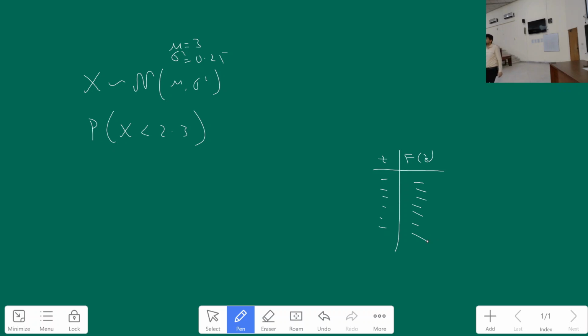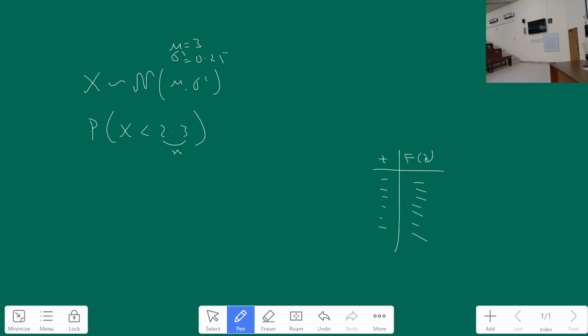It's not rocket science, it's very easy. Now if you directly read 2.3 from here and take the value, you are wrong. Why? This table was never written for non-standard normal. It was written for standard normal.